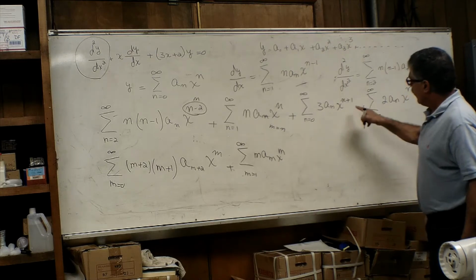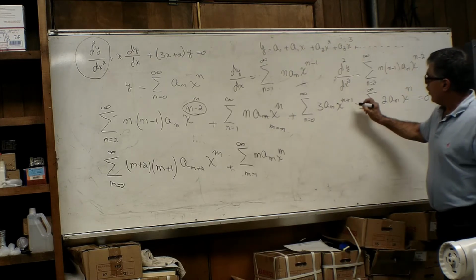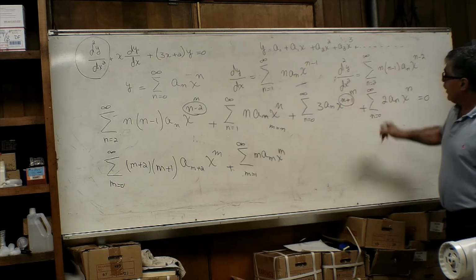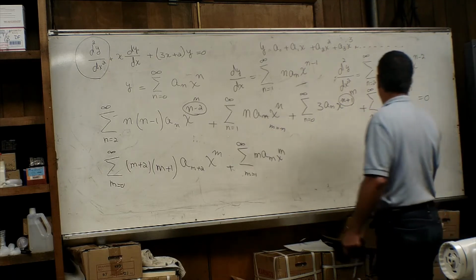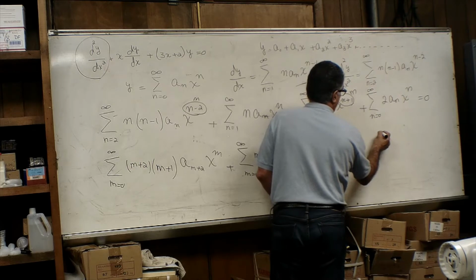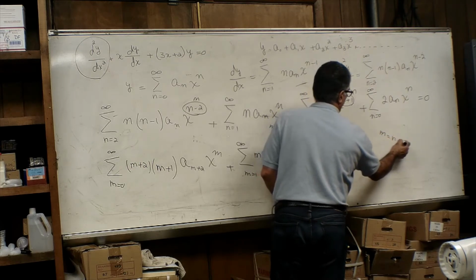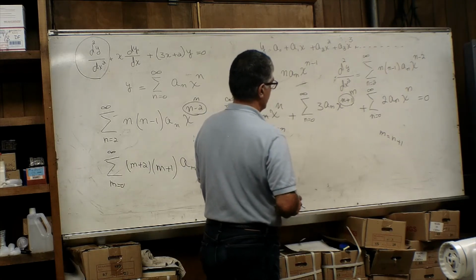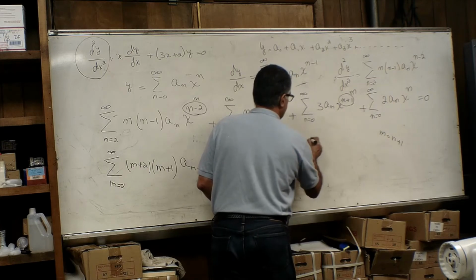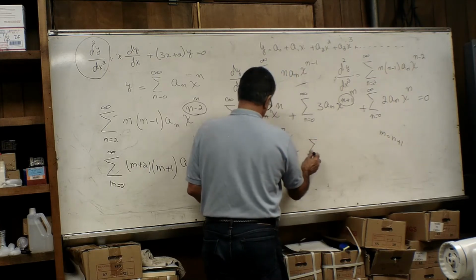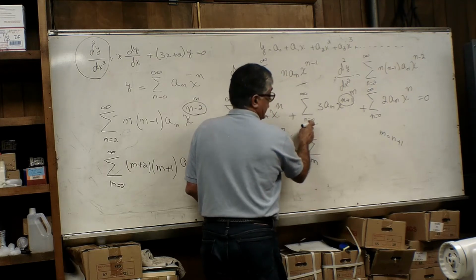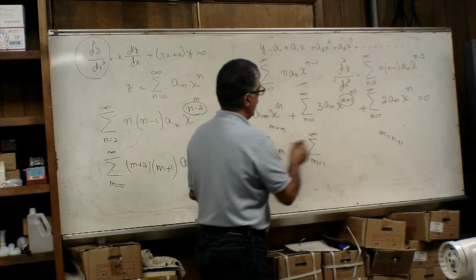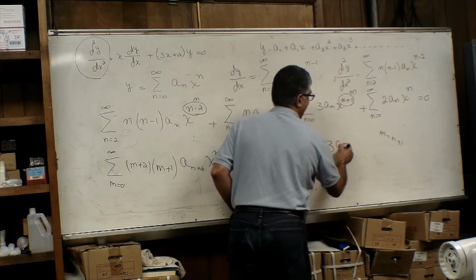Now on the third one, we want to get rid of this n plus 1, and we want to write it in this form, x to the power m. So m is equal to n plus 1, so this is plus summation, and m will be from 1 to infinity, multiplied by 3 a n.